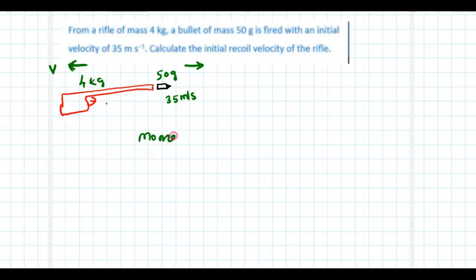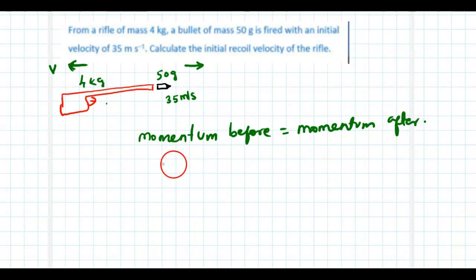Now you see here, momentum before is equal to momentum after, will be the same. Before, the momentum was the mass of the gun plus the mass of the bullet into velocity.